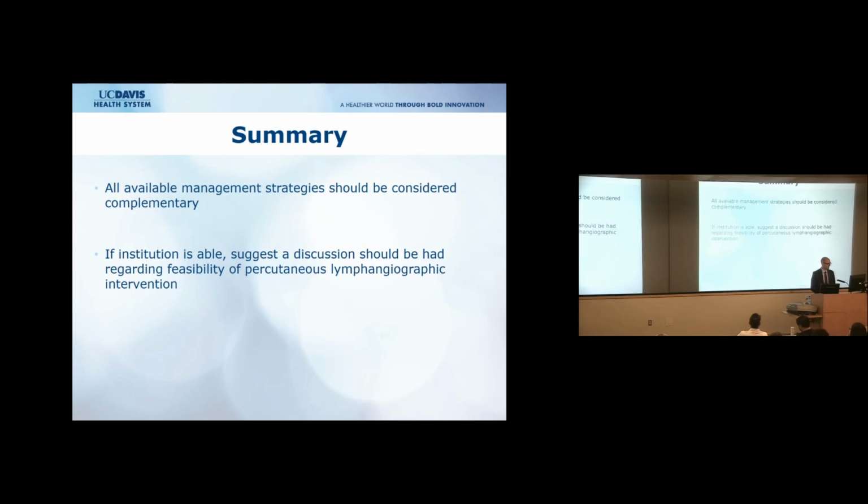And if the institution is able, I would suggest an early discussion with the IR folks as far as the percutaneous management of this, because oftentimes, although surgical still is the gold standard in post-operative patients, it may change, and this can be a very important tool going forward in the management of this difficult problem.